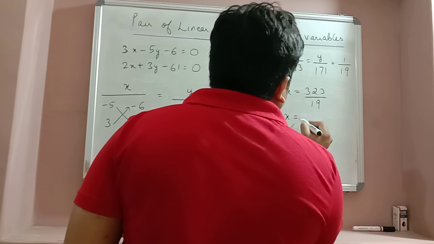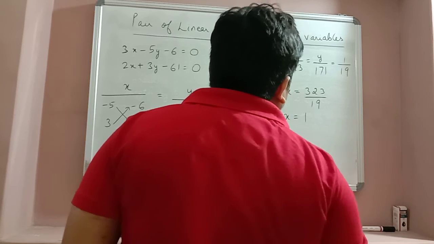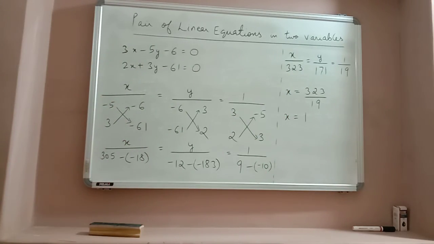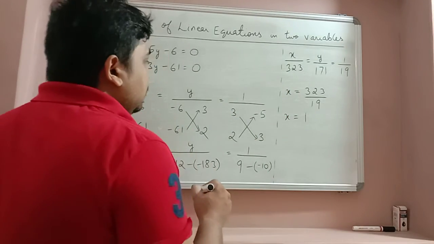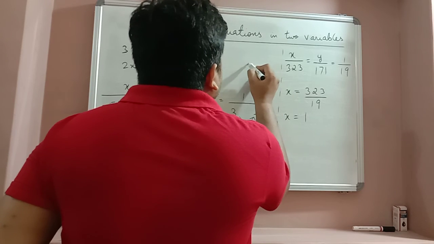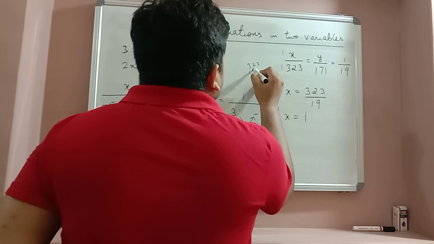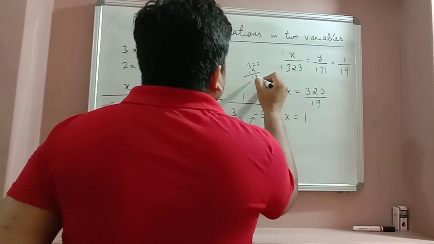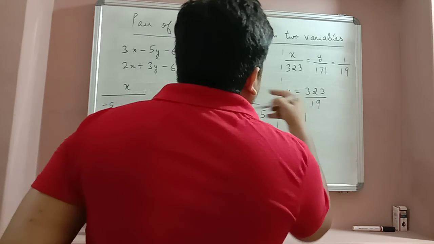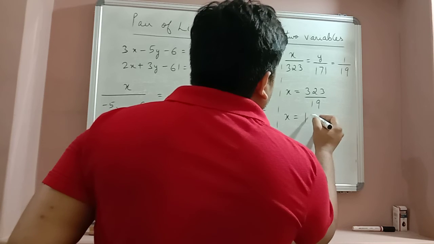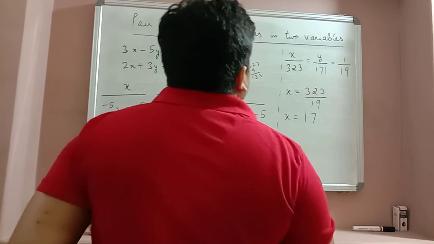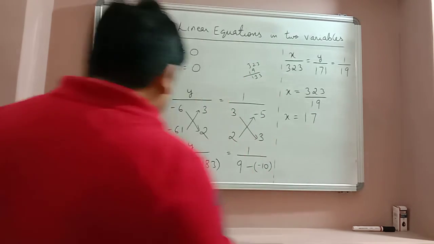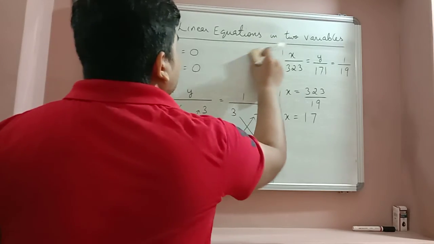So 19 ones are 19, and we are left with 19 sevens is 133. So x equals 17.